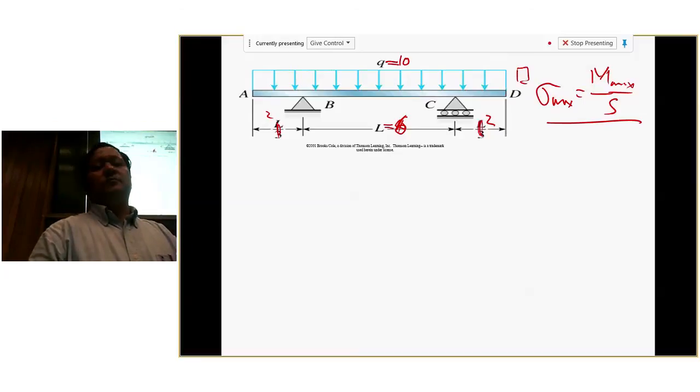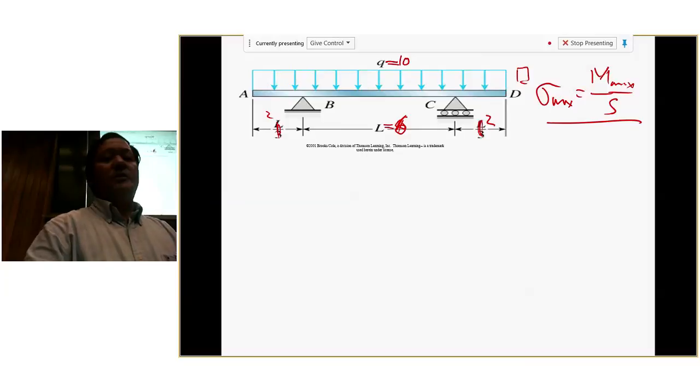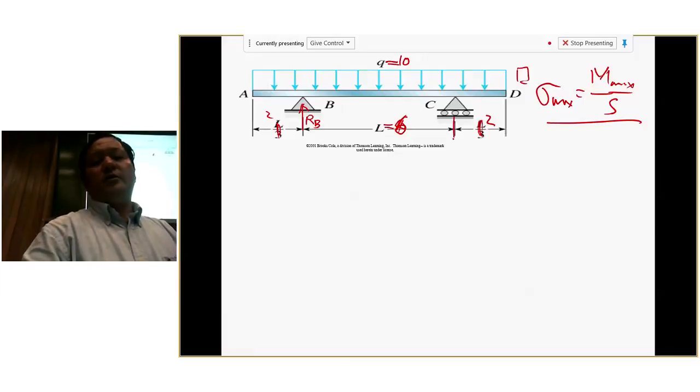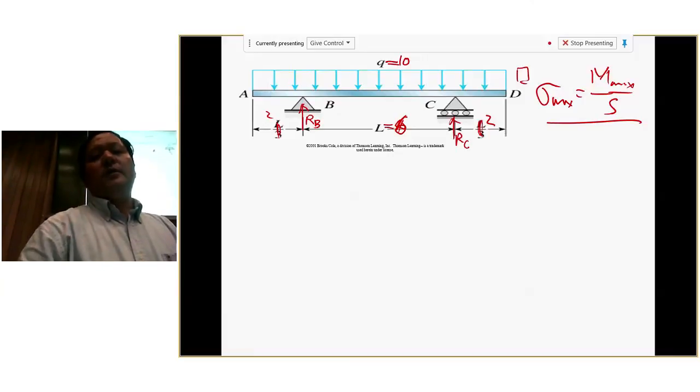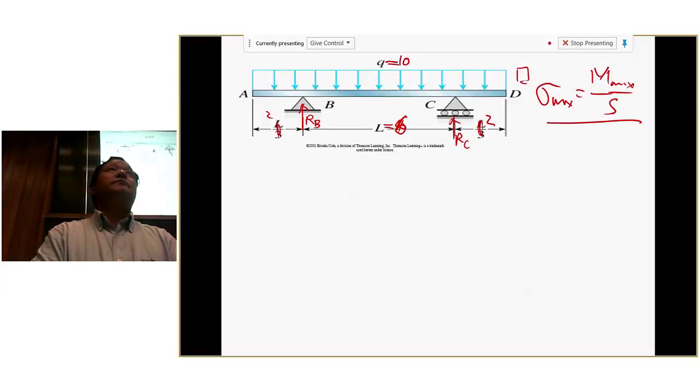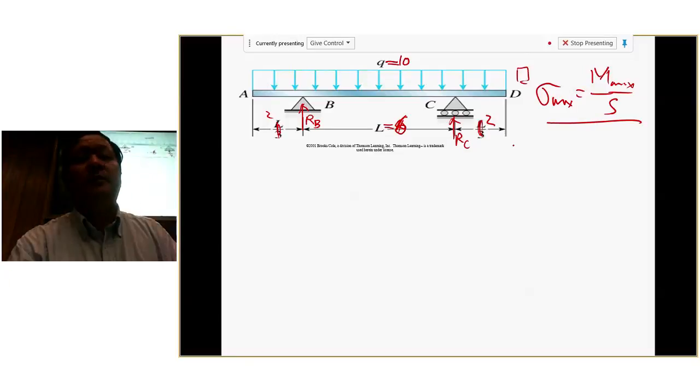M maximum, in the VM diagram, right? Okay, so what are you going to have here? RB, right? You're going to have RC. Now what's RB? What's RC? Sigma Fy equals 0. So let me write sigma Fy equals 0.